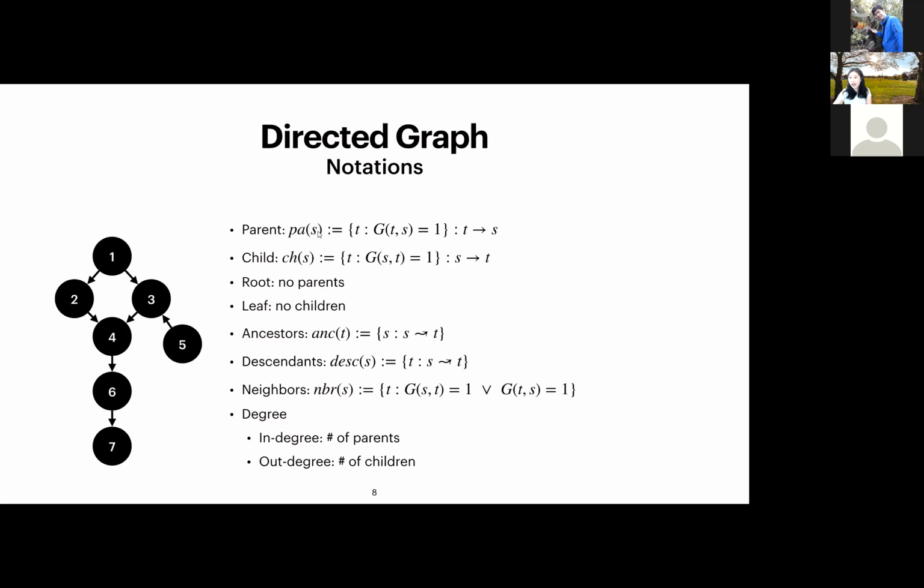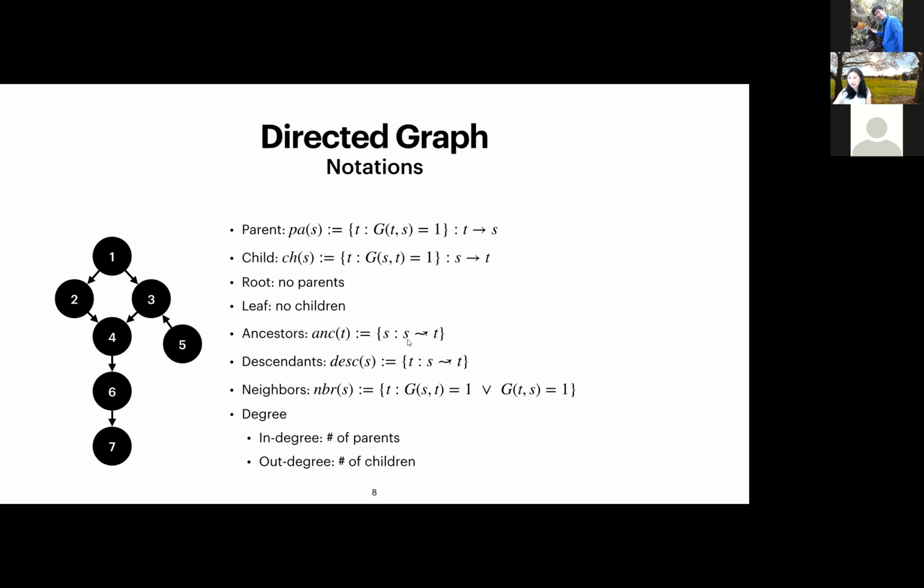A parent of S is just the T such that G_TS is 1, so there is an edge from T to S. Then T is called the parent of S. A child is the opposite: if you have an edge from S to T, then T is the child of S. Of course, a root has no parents, and a leaf has no children.